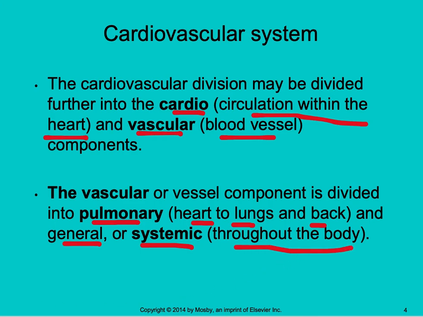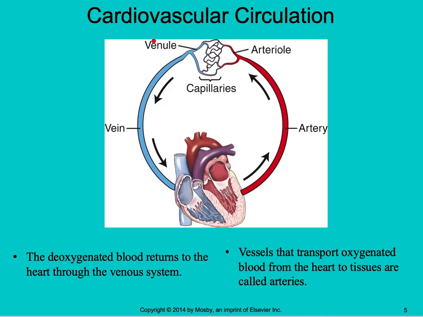So in our cardiovascular circulation, we take blood that is not oxygenated and it is reoxygenated. The deoxygenated blood returns to the heart through the venous system.